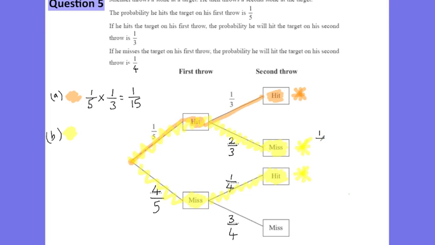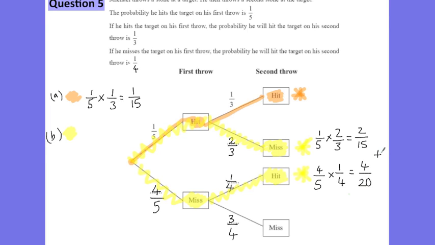So our first probability, we multiply through the tree diagram. We have here 1 over 5 multiplied by 2 over 3, which gives us 1 times 2, 2, and 3 times 5, 15. The second way, by missing the first and hitting the second, has another probability, 4 over 5, multiplied by 1 over 4, 4 over 20.